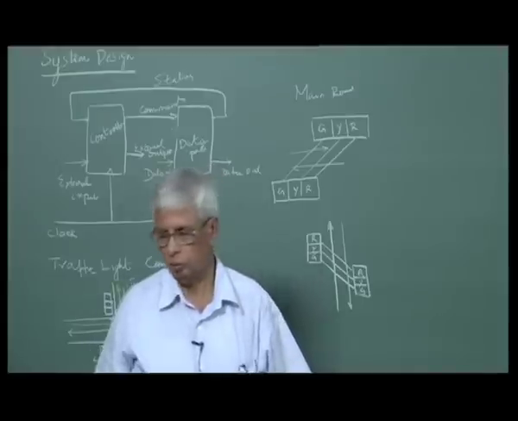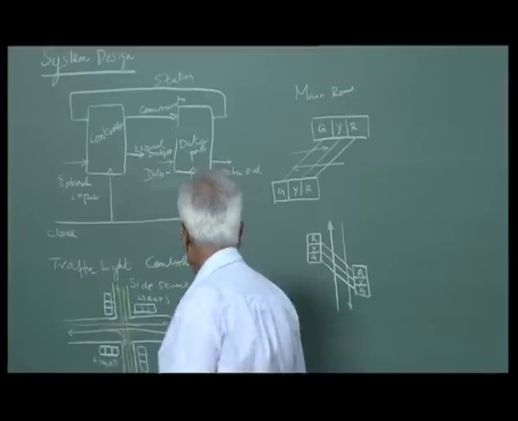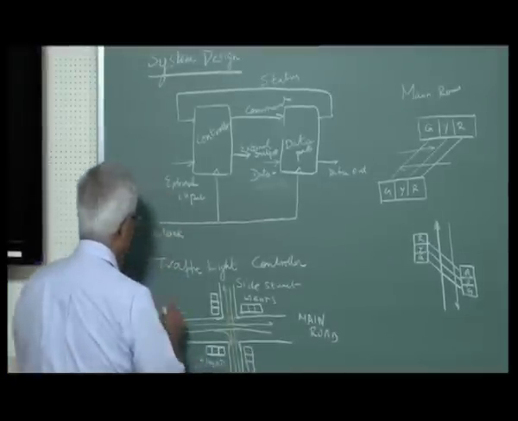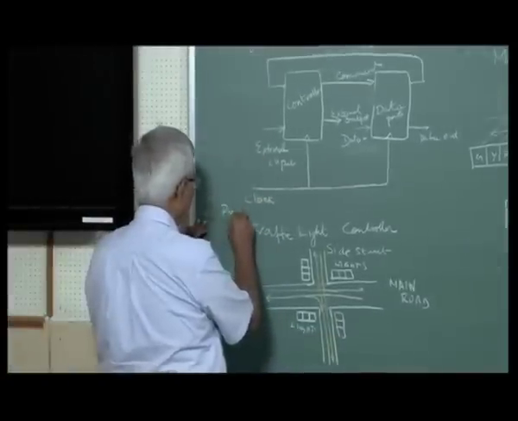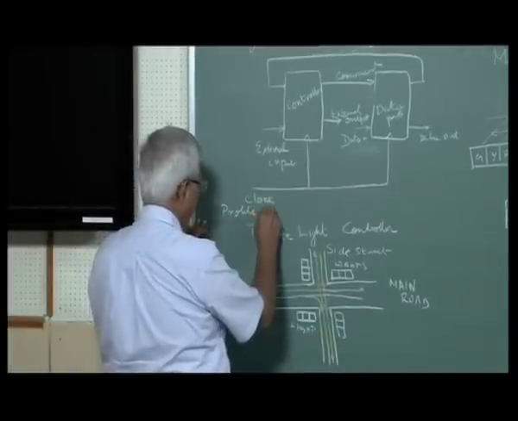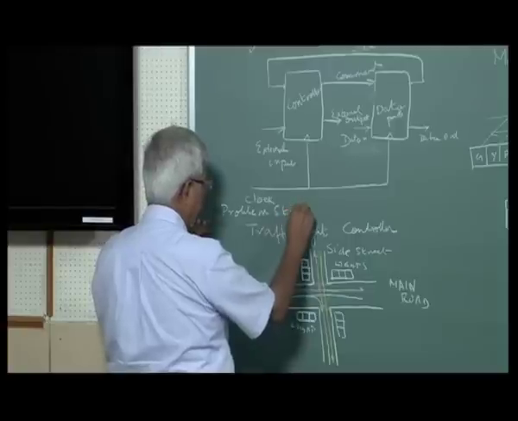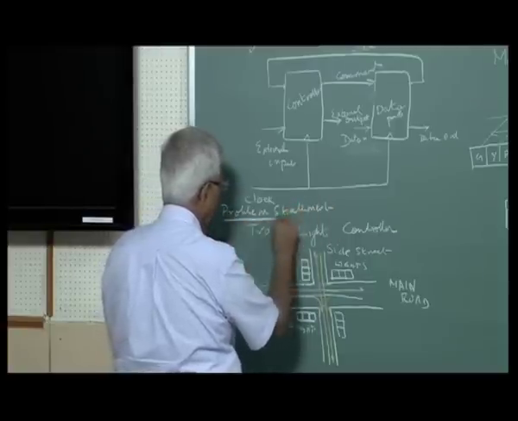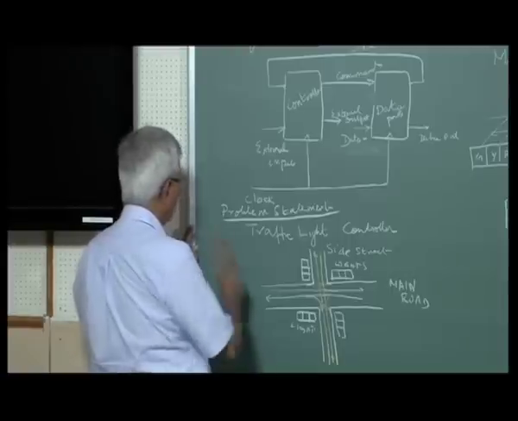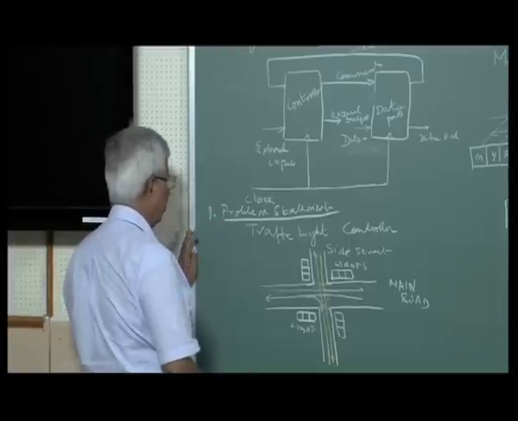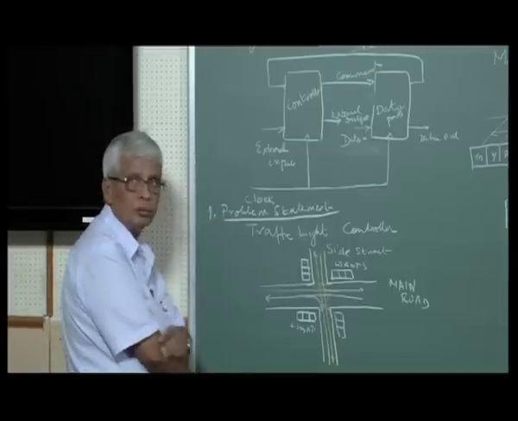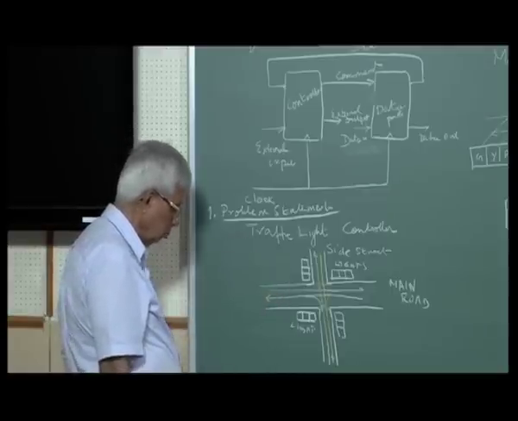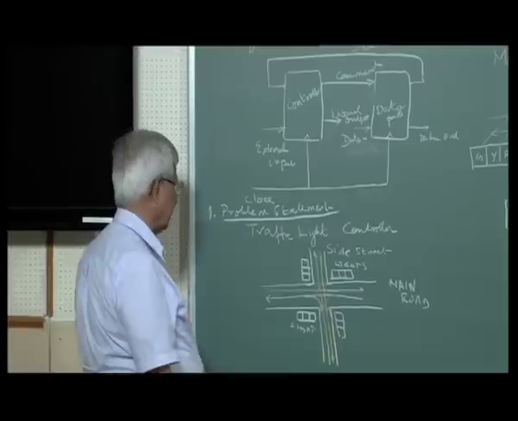Now what is the rule? What is it that we want to design? So the problem statement starts right here. First step is the problem statement: to design the traffic light control.